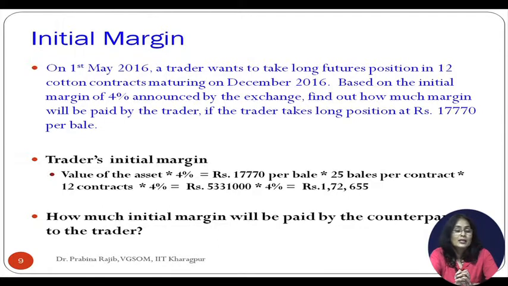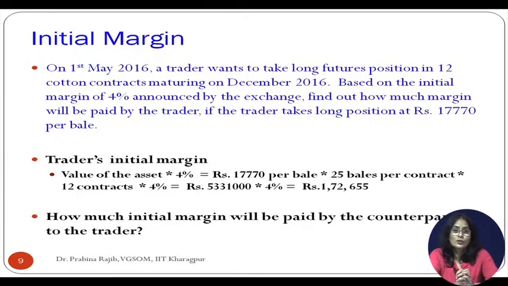So the long position holder's initial margin is going to be 17,770 per bale into 25 bales per contract into 12 contracts into 4%, so that comes to 1,72,655 rupees. The broker of the trader has to deposit an initial margin of 1,72,655 rupees to the clearing house.